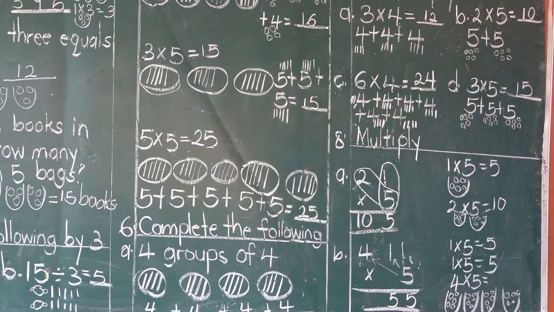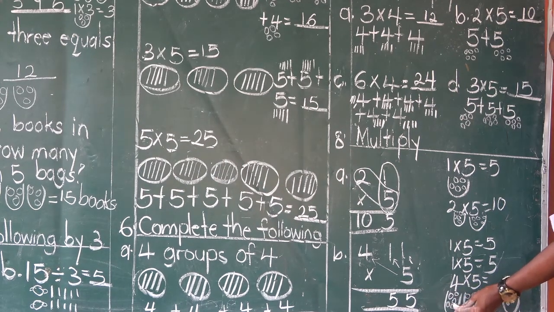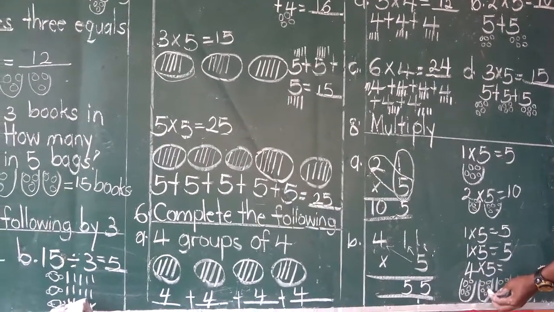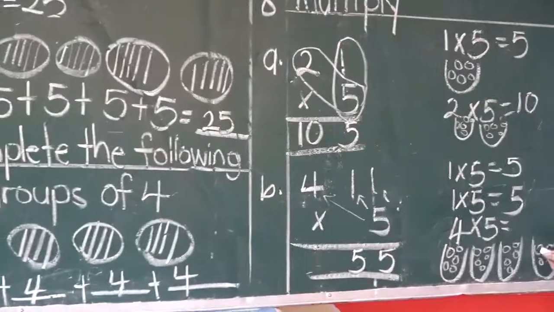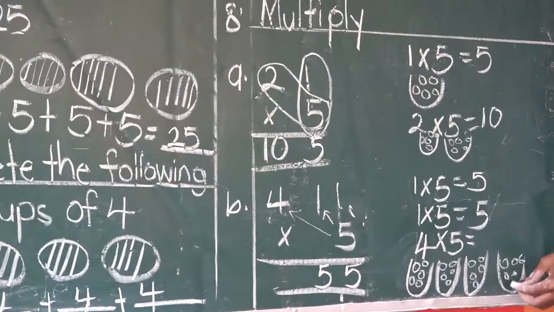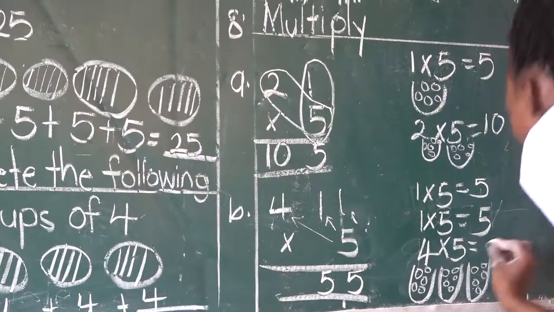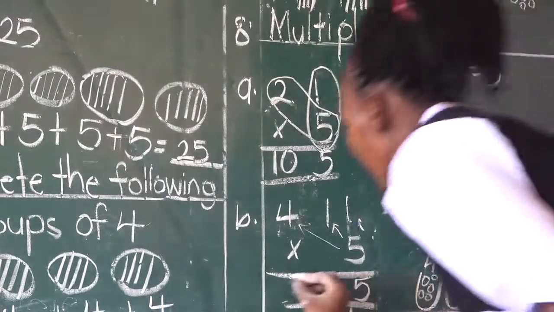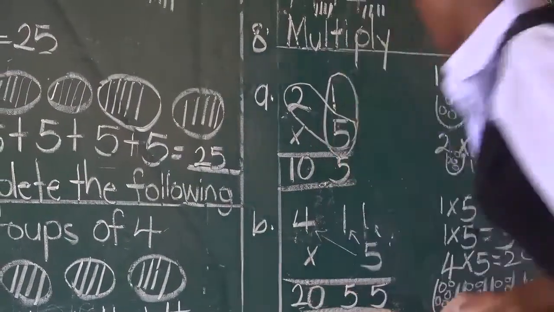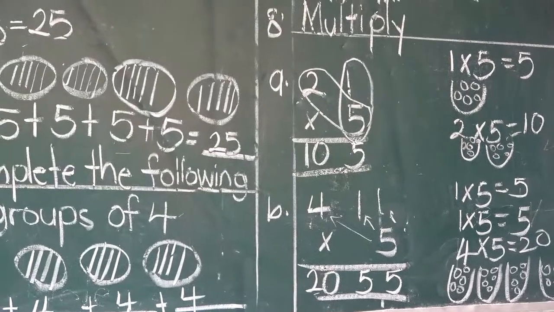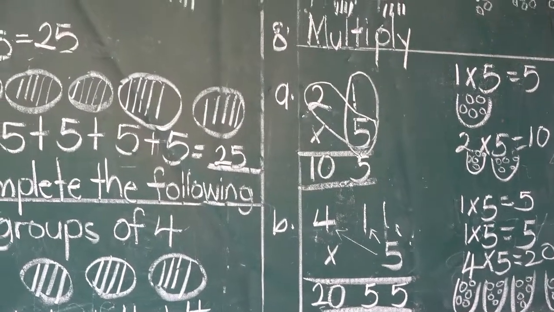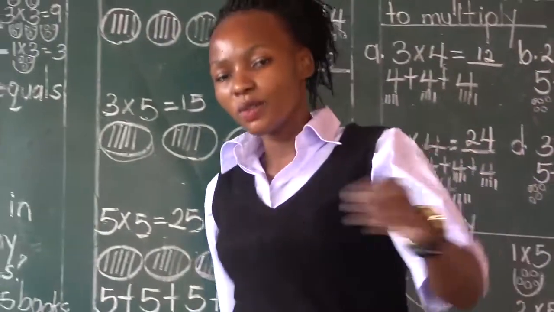Now we are going to put them together: 1, 2, 3, 4, 5, 6, 7, 8, 9, 10, 11, 12, 13, 14, 15, 16, 17, 18, 19, 20. 4 times 5, we shall get 20. Now 411 times 5, we shall get 2055. Thanks for being good listeners.